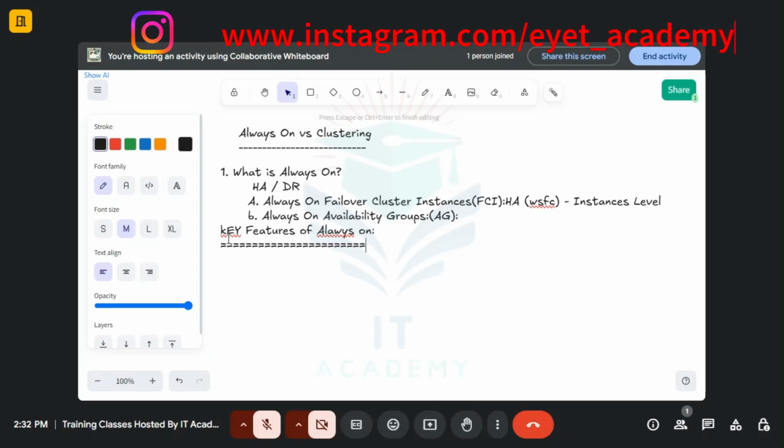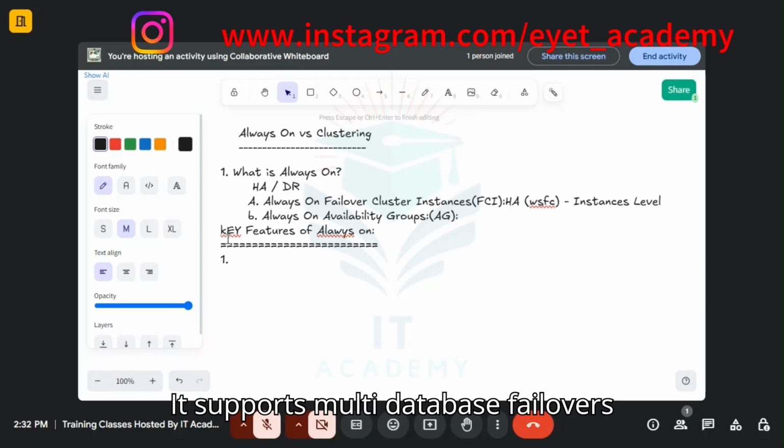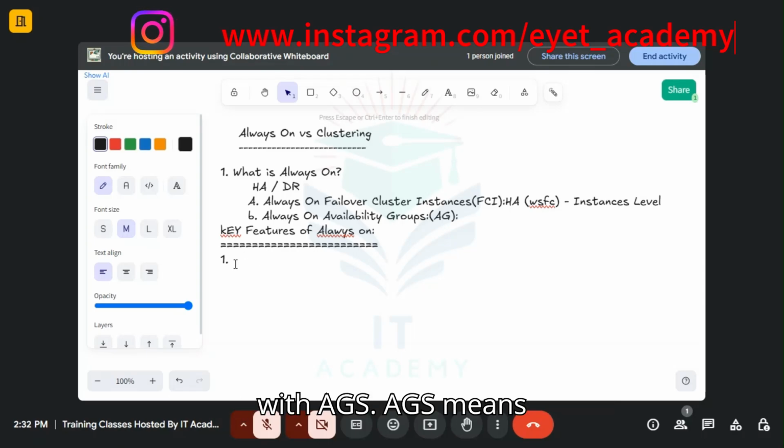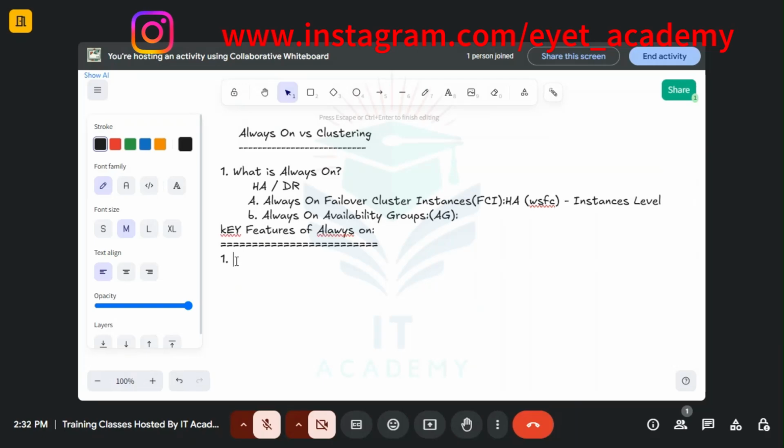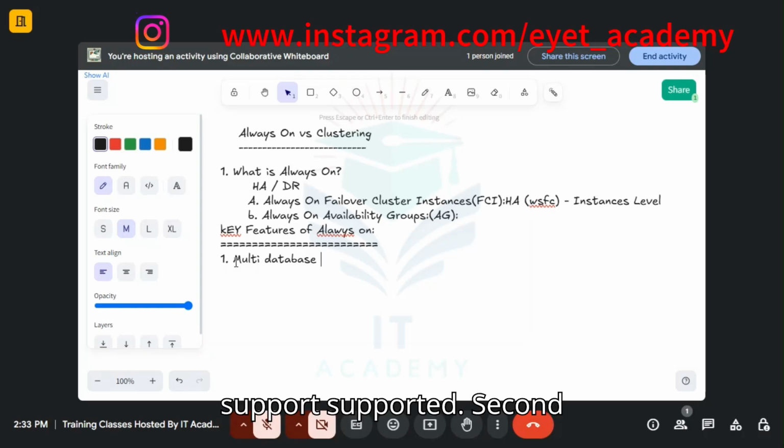First point, it supports multi-database failover with AGs. AGs means availability groups. It supports multi-database failover with availability groups.